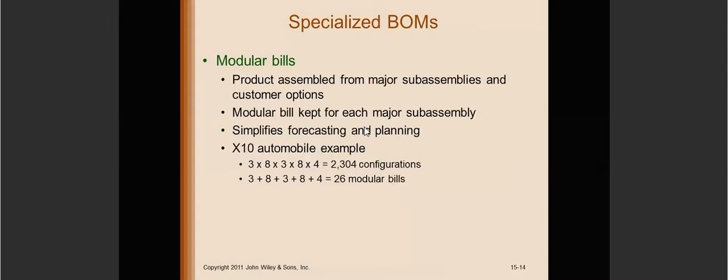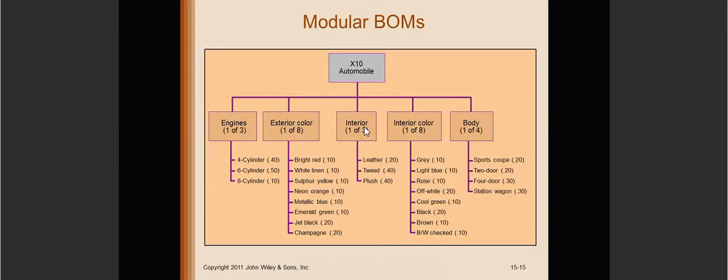And for the modular bill, the product is assembled from major sub-assemblies and customer options. In the modular bill we have information for each major sub-assembly, which simplifies forecasting and planning. Here is an example, the modular bill for the X10 automobile.